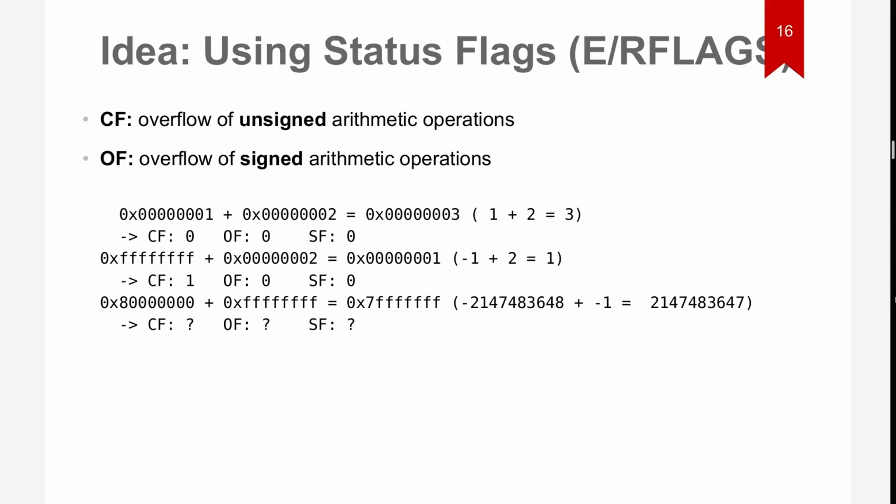because if we go through this example, if we assume that these two are signed, then there is no overflow. This is the correct result for the signed addition. So there is no signed overflow. But if we assume these two are unsigned, then this is not the correct result. So that's why it is an unsigned overflow.